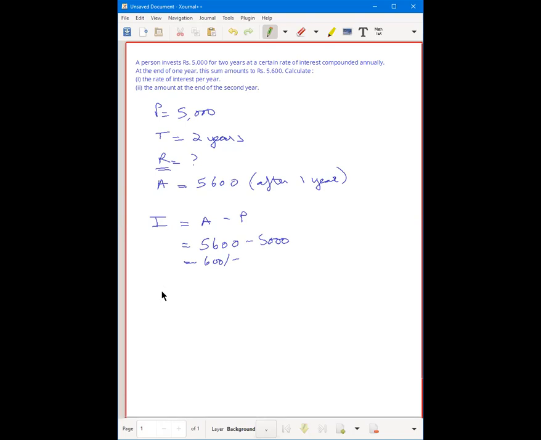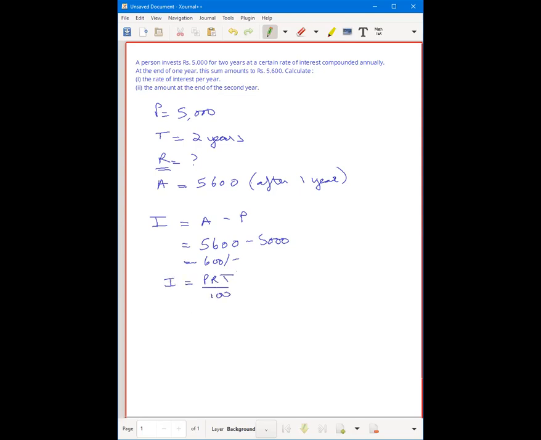How will I find out the rate of interest? Again, we know I is equal to PRT upon 100.